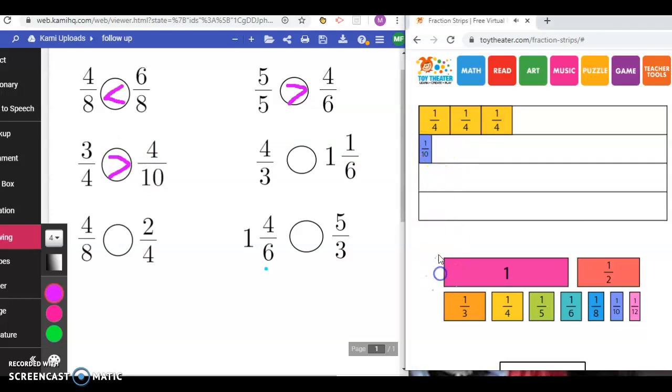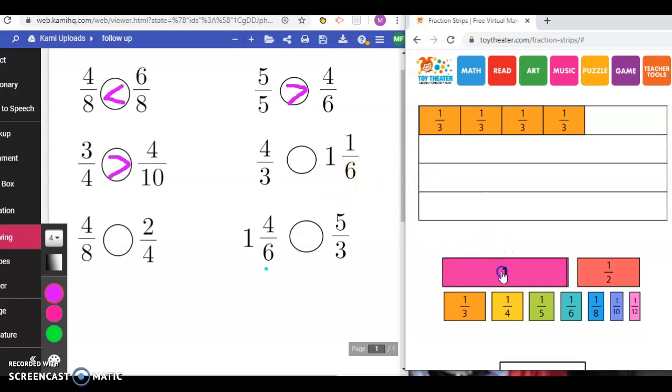Let's clear our board. Look at our next one. Okay, we have 4/3. Now we know that's going to be more than a whole because our denominator is smaller than our numerator. Let's see what we have here. 1, 2, 3, 4.